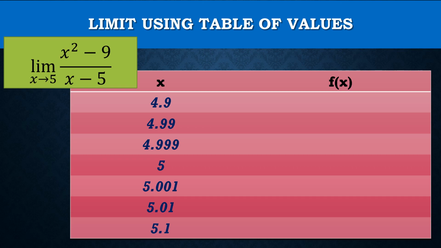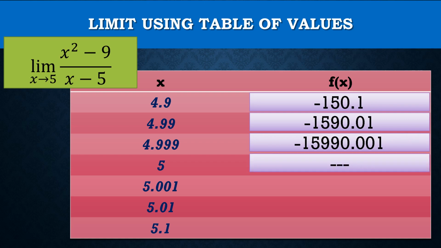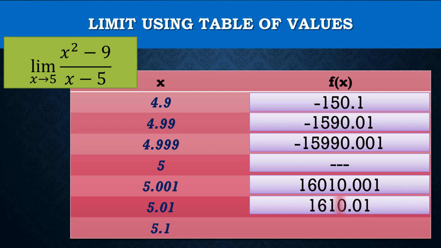So direct substitution tayo. Kung yung x natin is 4.9, gamit yung calculator, the value of your function becomes negative 150.1. If x is 4.99, f of x becomes negative 1,590.01, so on. Ito yung titingnan natin. For the 5.01, sorry, we have 16,010.001, so on and so forth.